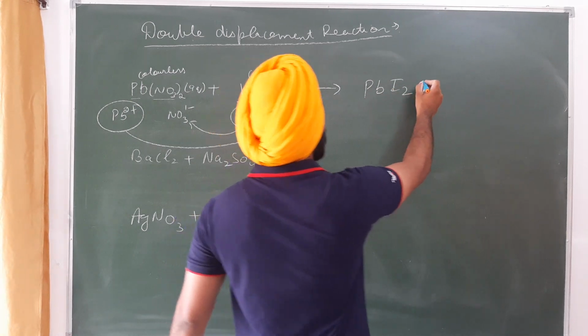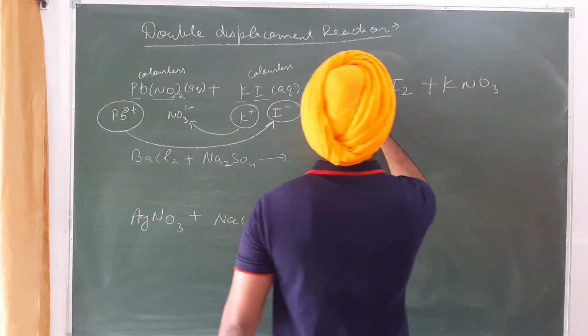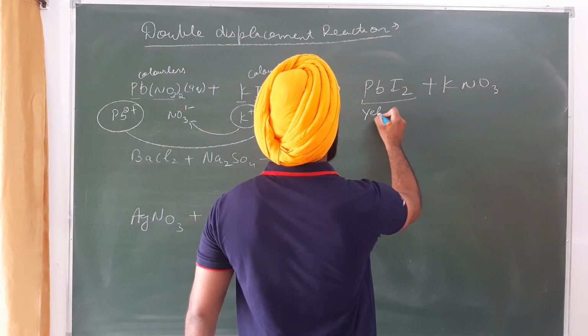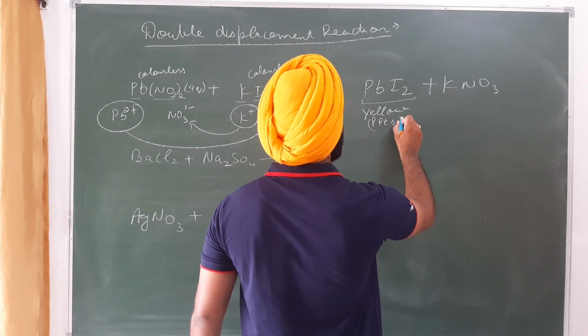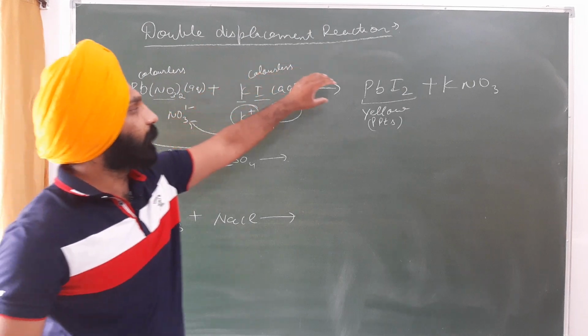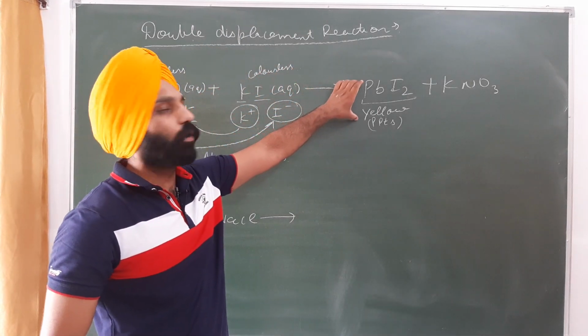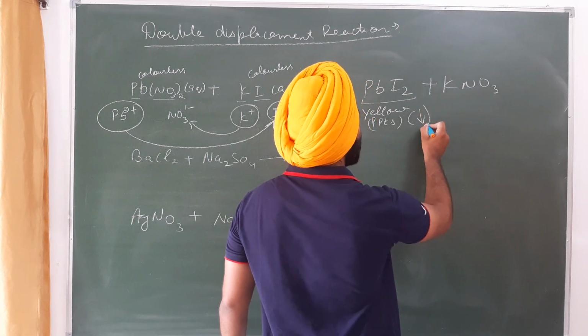The resultant will be PbI2 plus KNO3. These are yellow precipitates. Color change: colorless, and it gives rise to a product which is yellow PPTs. It means it will not dissolve, it will settle down.